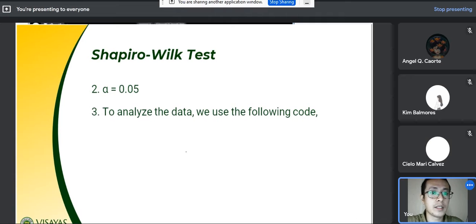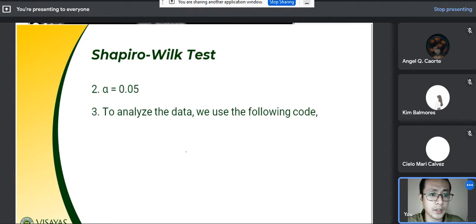And then step number 3, class, is that you were tasked to get the p-value. To get the p-value, we need statistical software. One of the statistical software that we can use is of course RStudio or the R programming language.